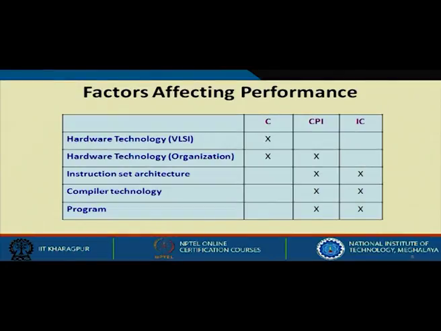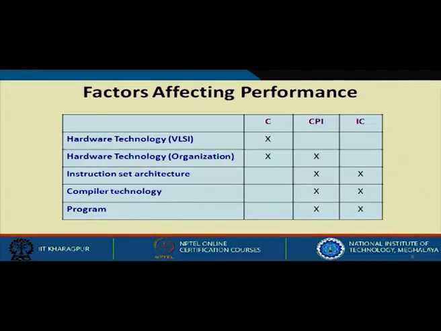Next is the hardware organization. What factors depend on this organization? First is the clock cycle time, another is the cycles per instruction. When we talk about organization, it depends on how your various hardware units are mapped.